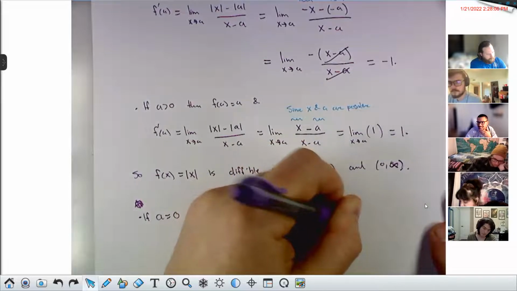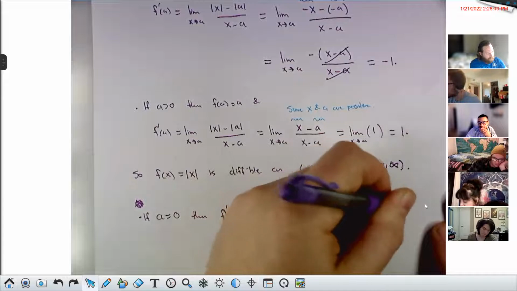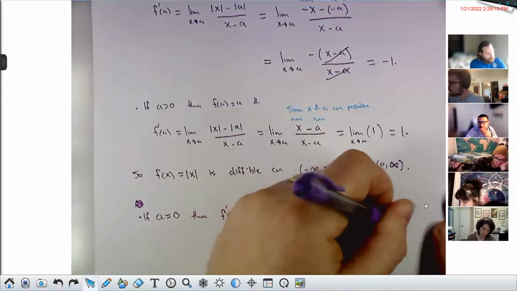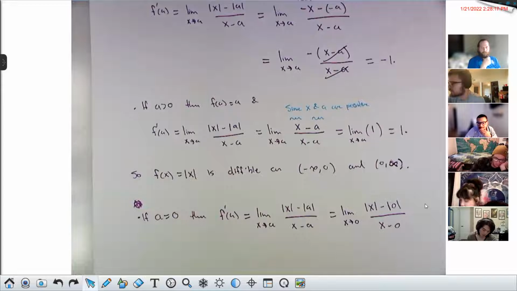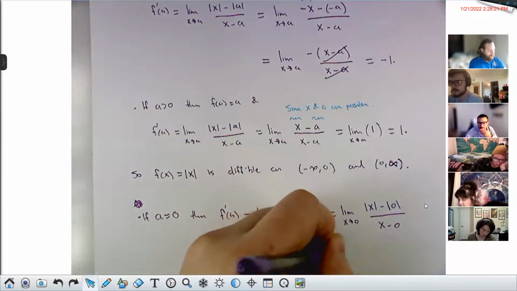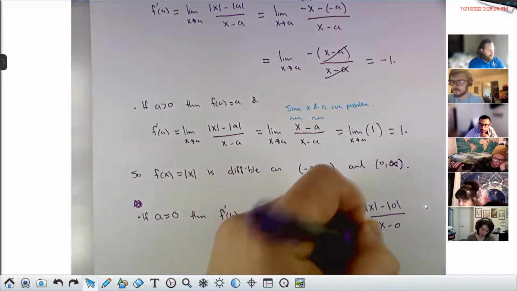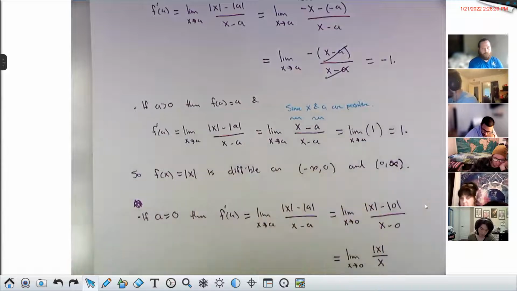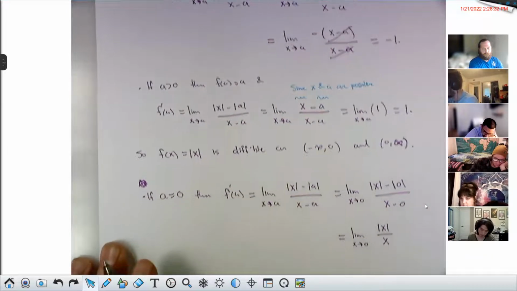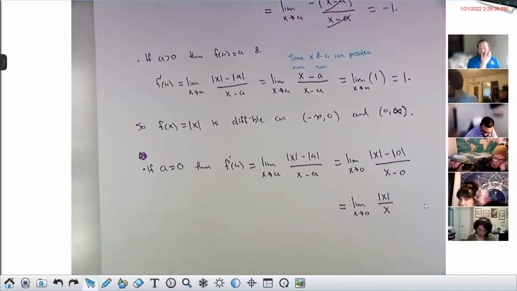This is the limit as x goes to 0 of the absolute value of x minus the absolute value of 0 over x minus 0, which is the limit as x goes to 0 of the absolute value of x over x. And that turns out to be an interesting limit.